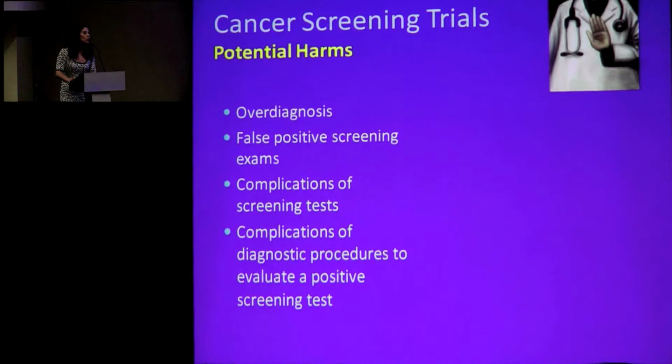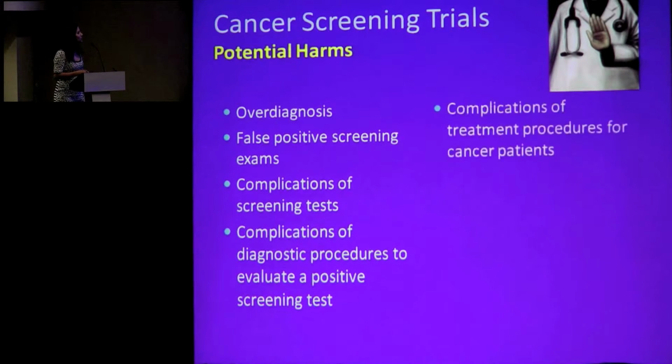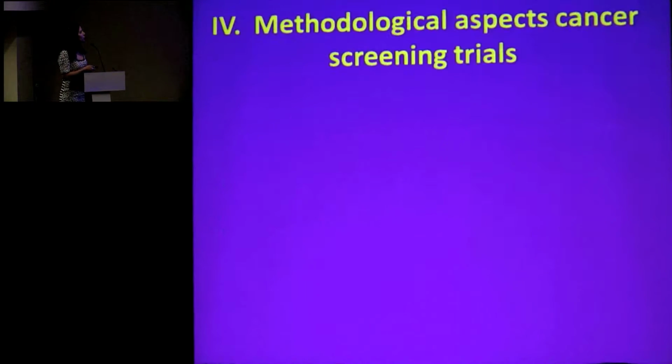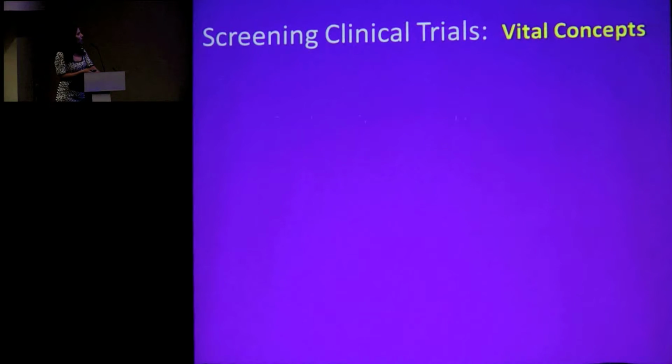So the doctor has to do other invasive procedures, for example, a biopsy, and there might be some complications of those additional tests to corroborate that diagnosis. Also, complications of treatment procedures for cancer patients, adverse medical events, and even death can result from cancer screening in terms of potential harms.